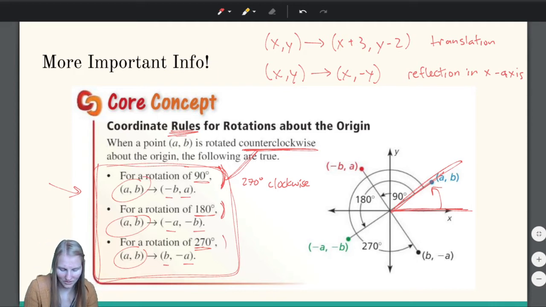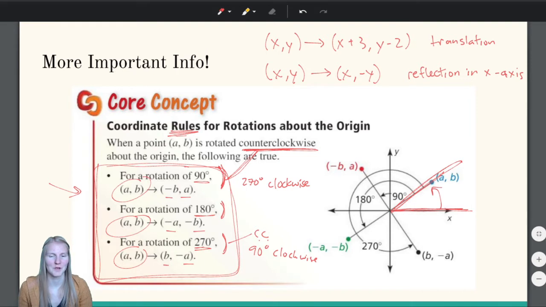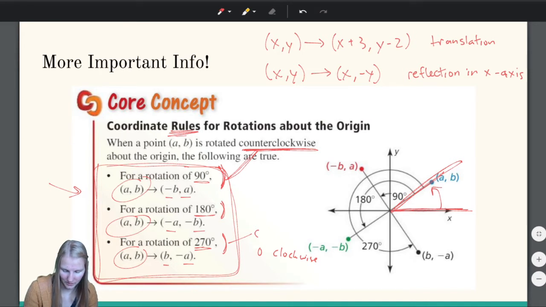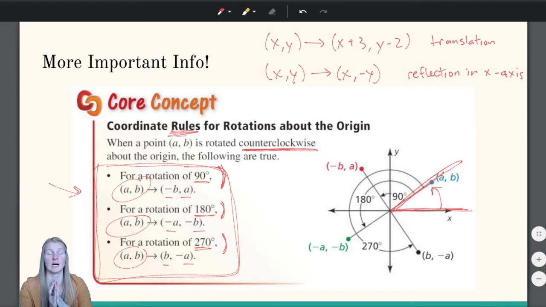And a 270-degree rotation counterclockwise is the same as a 90-degree rotation clockwise. And CC stands for counterclockwise. So that's something that you folks that want a challenge can think about. Okay, but let me erase that so we don't confuse anybody. All right, counterclockwise. Unless you are told otherwise, we are going counterclockwise, and these are the rules that you'll use.